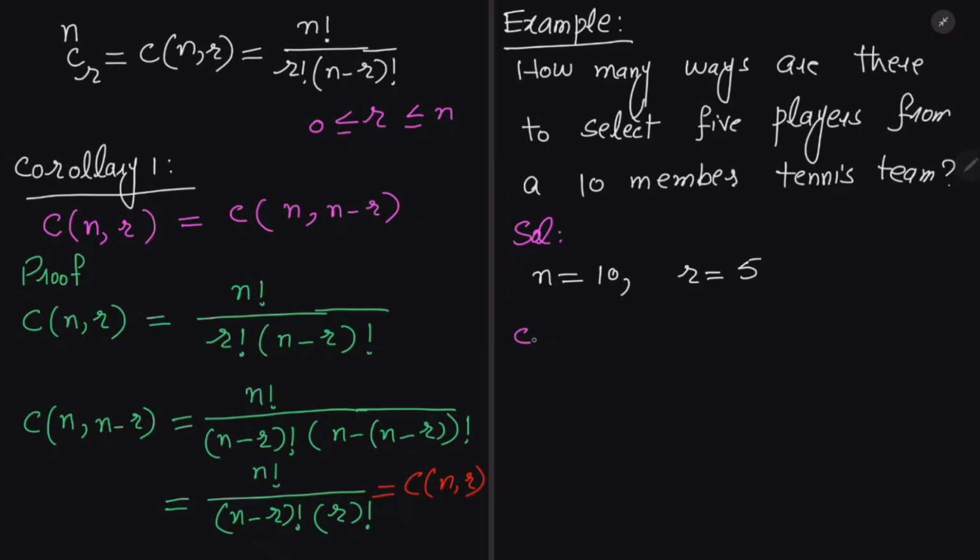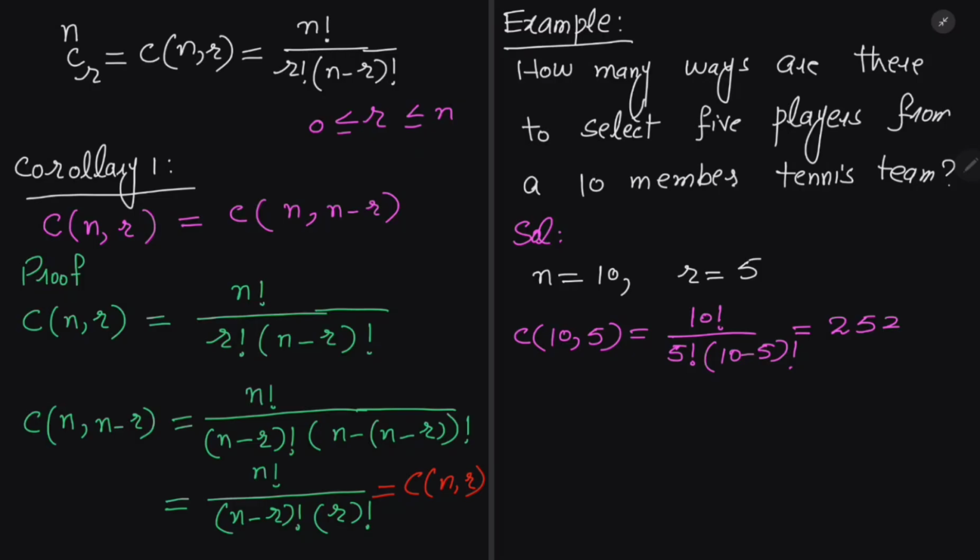So C(10,5) will be equal to 10 factorial over 5 factorial times (10 minus 5) factorial, and from here you can solve it and get 252. There are 252 ways in which you can make a distinct tennis team of 5 players.